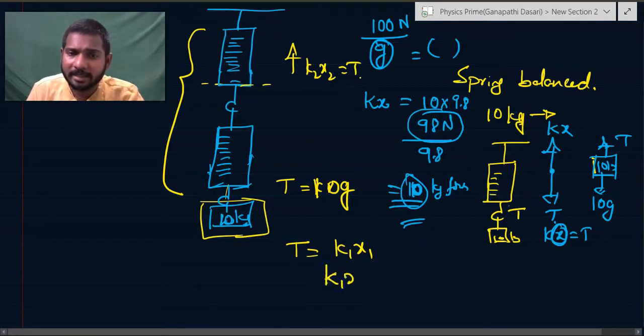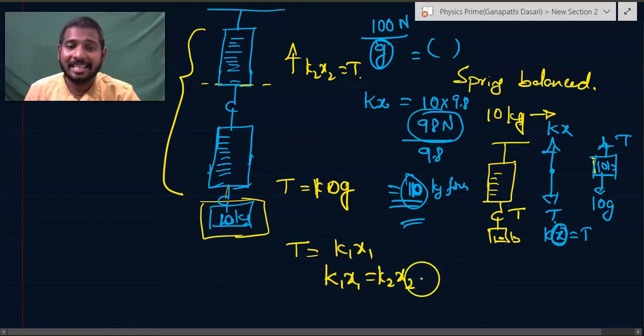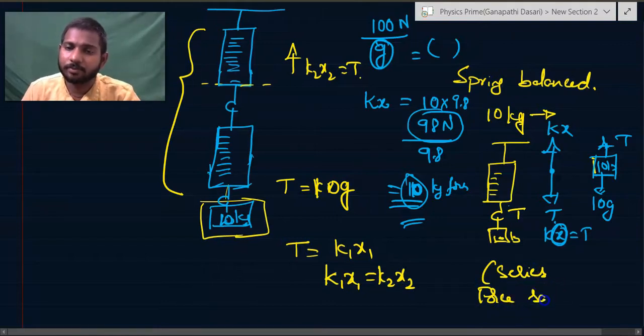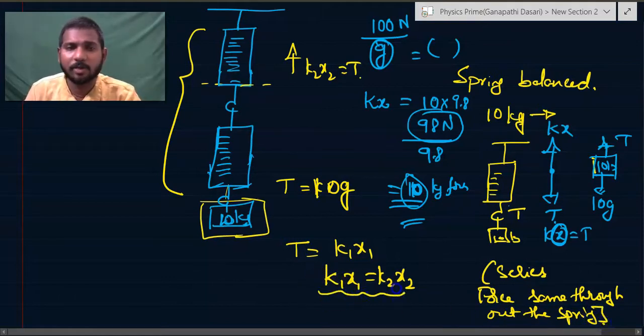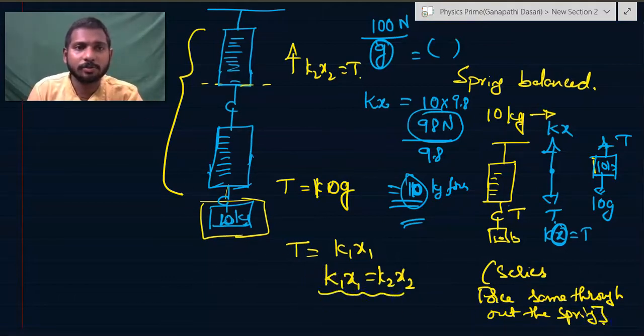So remember this fundamental principle, my dear students: whenever springs are connected in series, the force is the same throughout the springs. k1x1 is equal to k2x2.